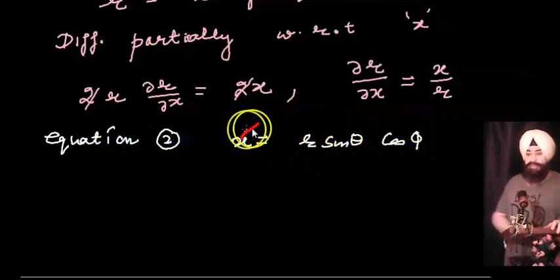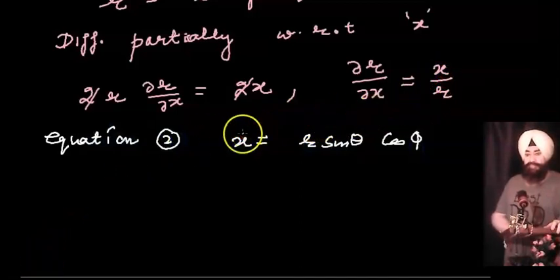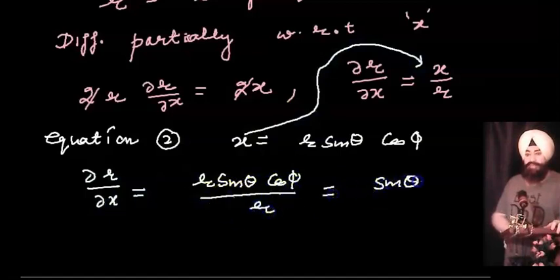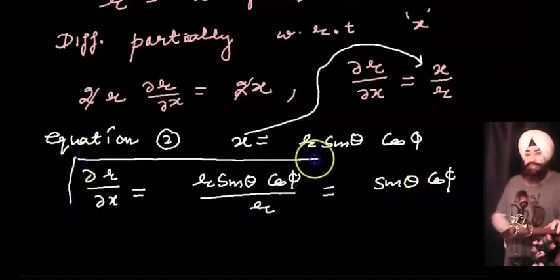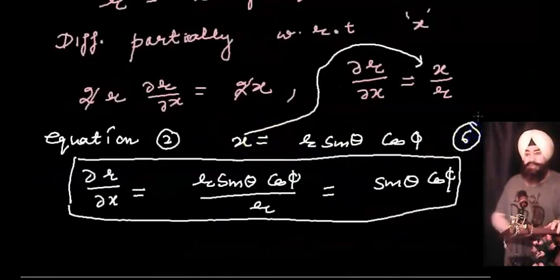Substituting this x here, curly r by curly x becomes, r cancels out, sin theta cos phi. So this is equation 6.